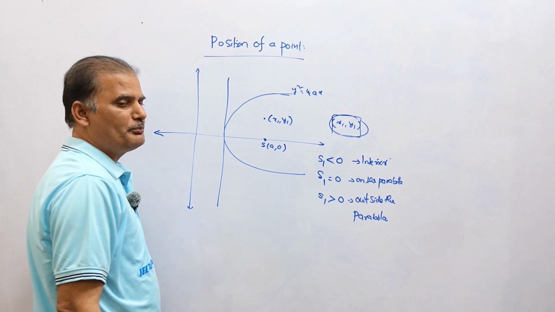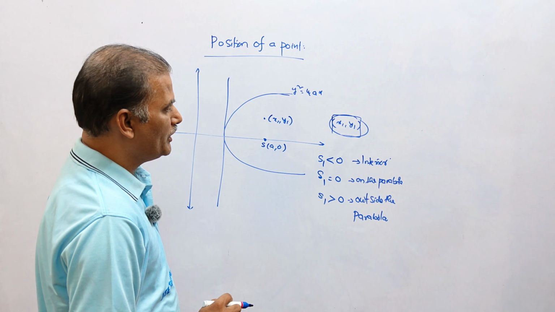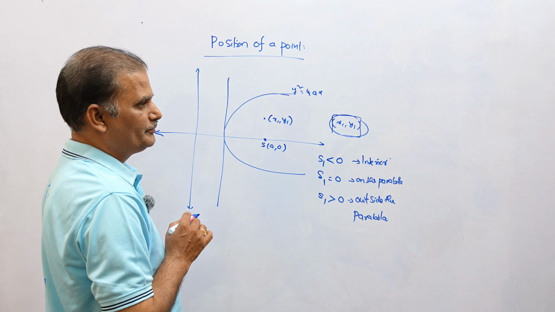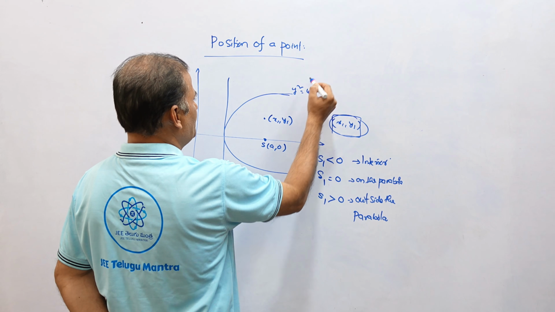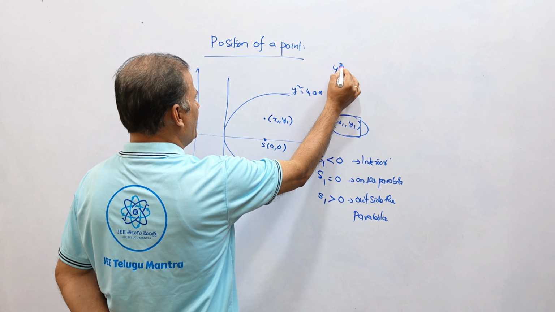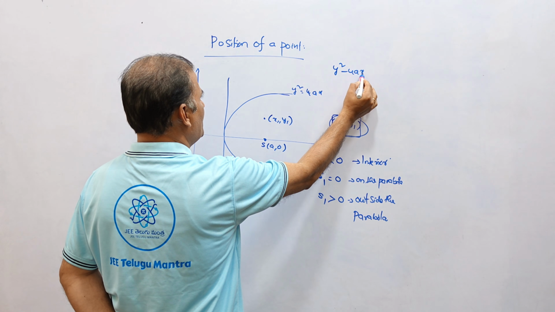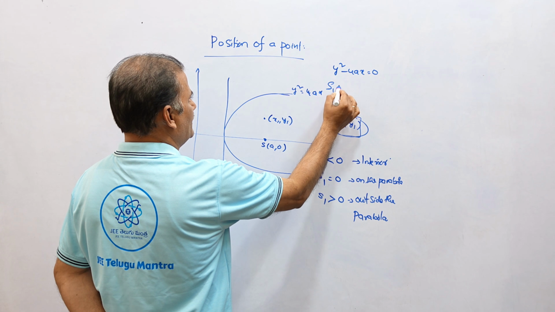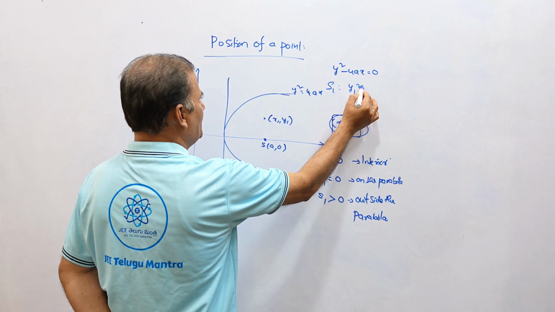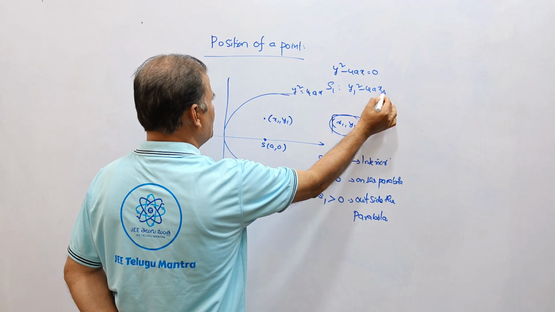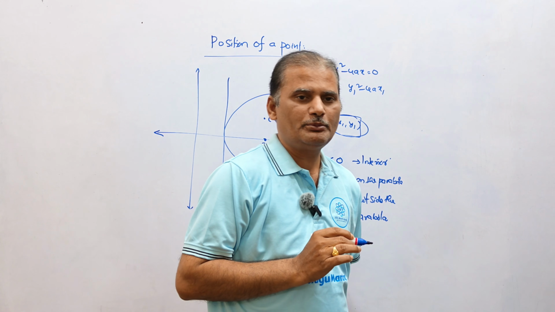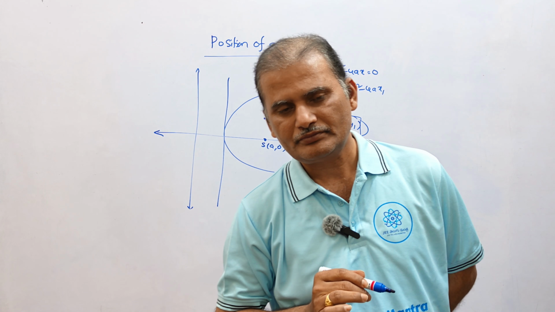The position of a point is decided by using S1. What is S1? We know that y square is equal to 4ax, that means y square minus 4ax is equal to 0. Now S1 is y1 square minus 4ax1.